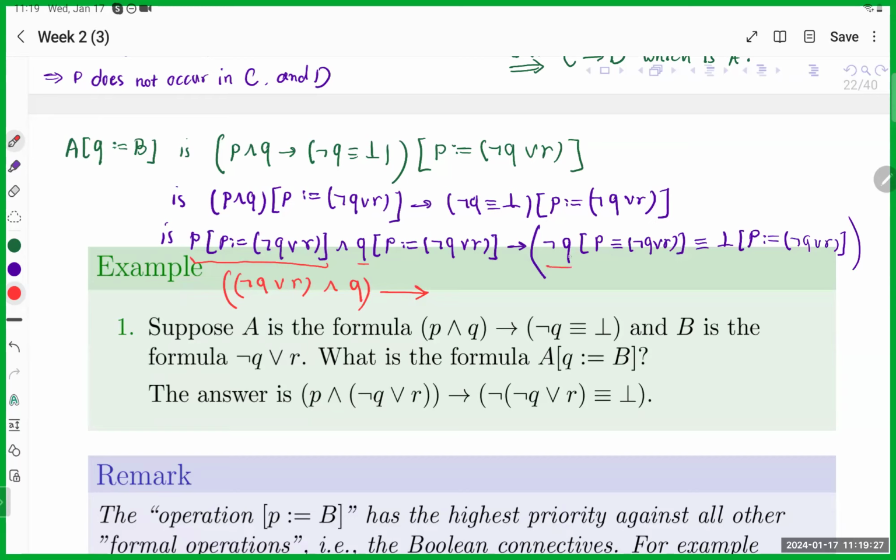It's negation of Q, with P substituted inside, but the substitution doesn't do anything again. It's negation of Q. And here it's equivalent to, what is this? Again, P does not occur in bottom, so the substitution doesn't do anything. You see, what we got was the literal substitution.